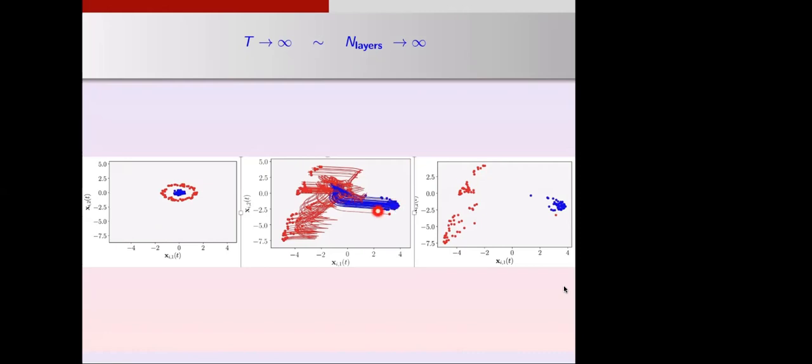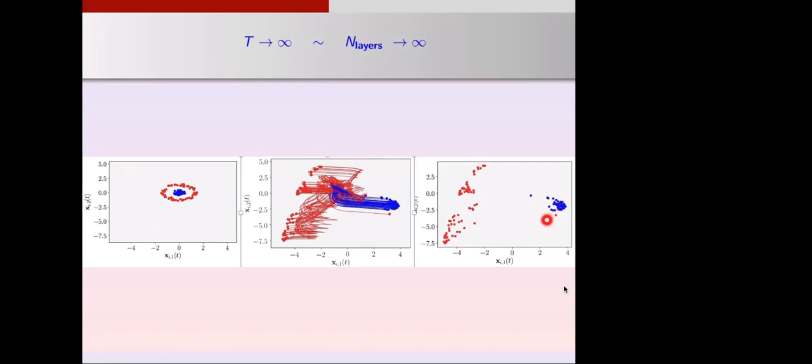But what do you see here? Don't you see a red that is on the blue side? Yes, you see it here in the picture in the end. You see the reds on the left and the blues on the right, but there is an error here. Why is that?